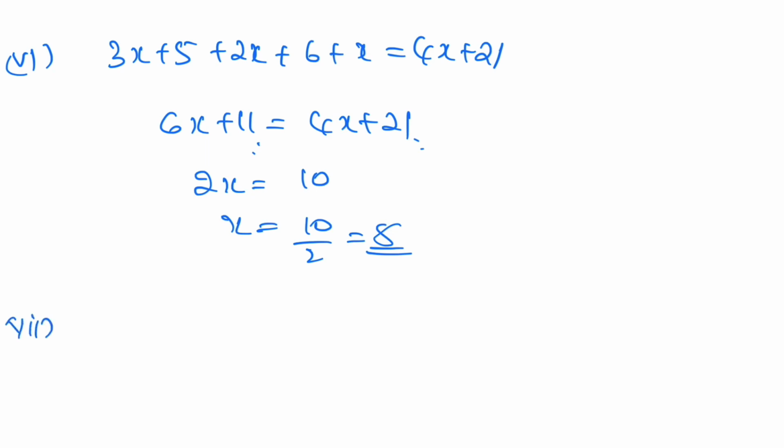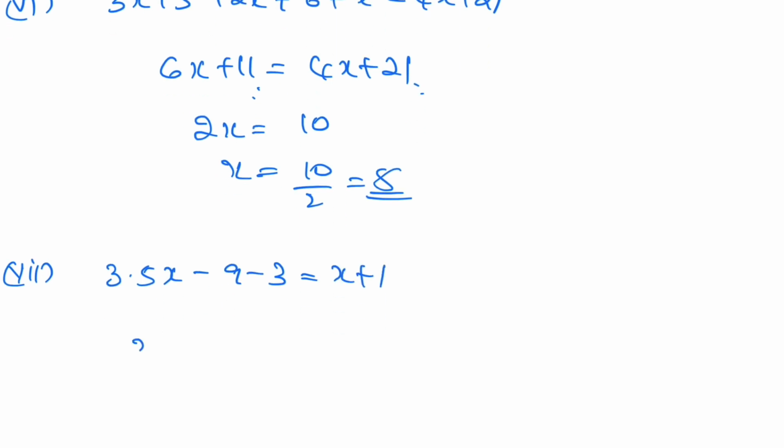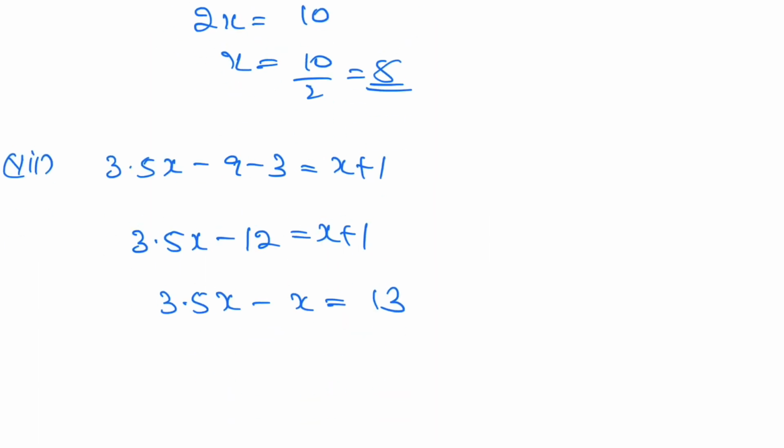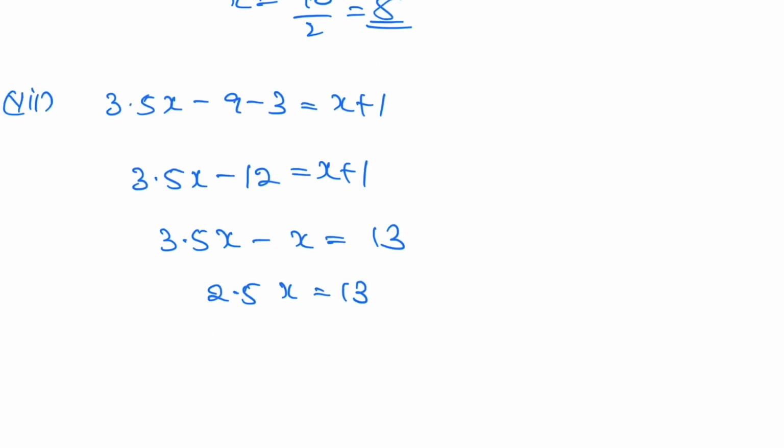Coming to the seventh sub question, you have 3.5x minus 9 minus 3 equal to x plus 1. 3.5x minus 12 equal to x plus 1. 3.5x minus x equal to 13. 2.5x is equal to 13 you will get. x is equal to 13 by 2.5.